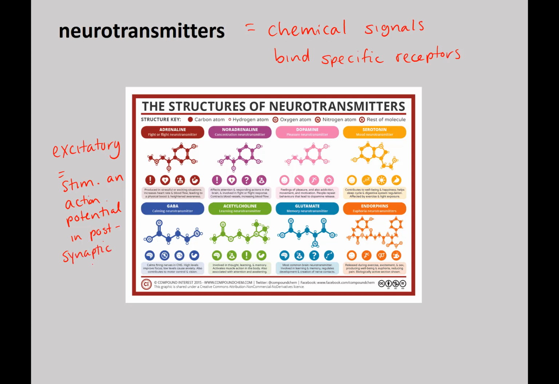So they promote depolarization. Right? That's what we need for the action potential. There are also what we call inhibitory neurotransmitters. And what they do is they inhibit the initiation of an action potential, which they do by promoting hyperpolarization.